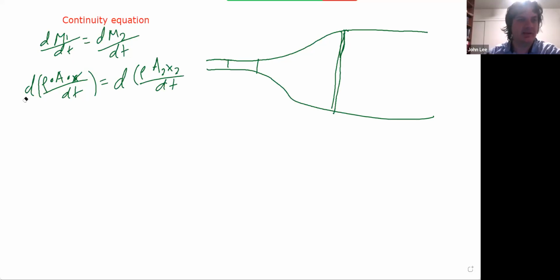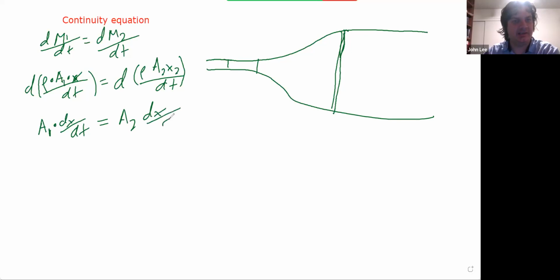That's one of the assumptions that we made. So A1 times dx1/dt equals A2 times dx2/dt. So A1 times the velocity of the fluid is going to be equal to A2 times the velocity of the fluid at the different points.